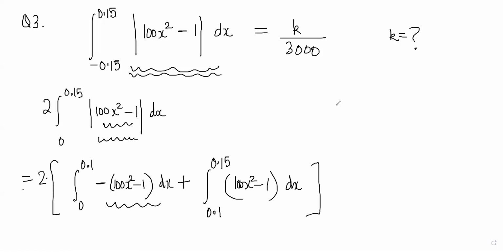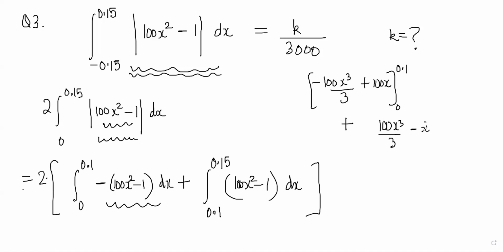So for example, here, what is the integral? It is minus 100 x cube by 3 plus x, evaluated from 0 to 0.1, plus this side is 100 x cube by 3 minus x. Wait, why am I putting a plus 100?